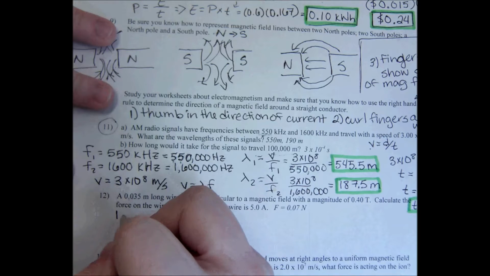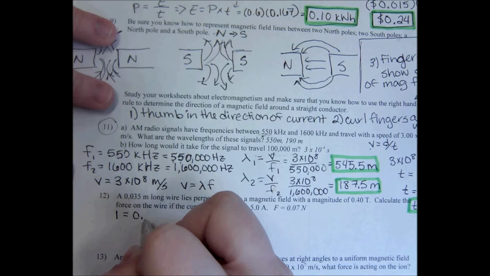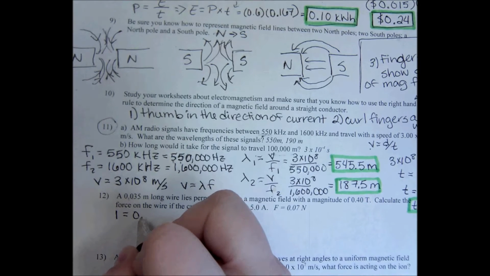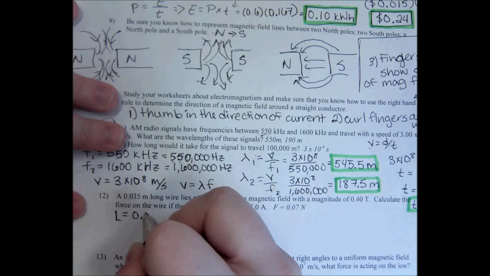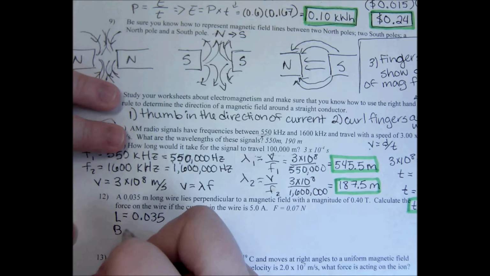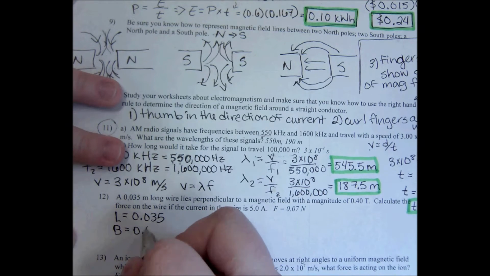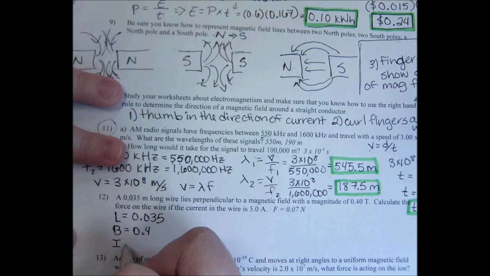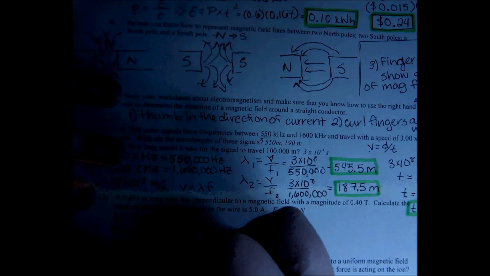So length, which is L, let's see, does it use uppercase L? It does, okay. Length is 0.035. Magnetic field, which is represented with B, it's something you need to remember because it's kind of strange. B is 0.4. I is 5. And we're looking for force.